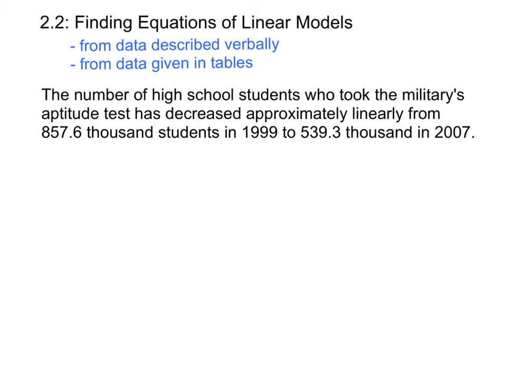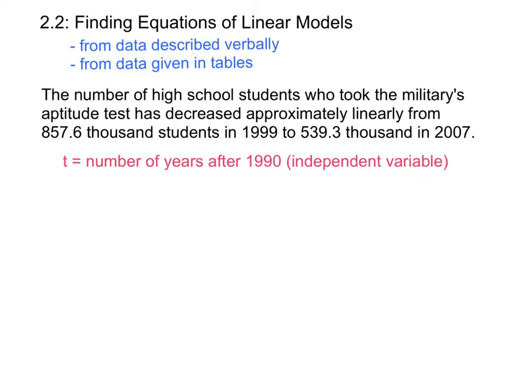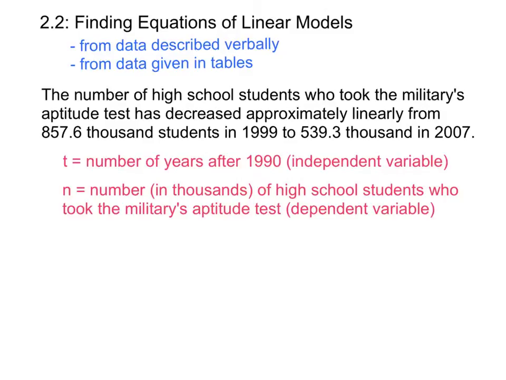Now, before we can do that, we have to define our variables. We're going to let t represent the number of years after 1990, and this will be the independent variable, like our x variable. And we'll let n represent the number in thousands of high school students who took the military's aptitude test. This will be our dependent variable, which will be treated like a y value.